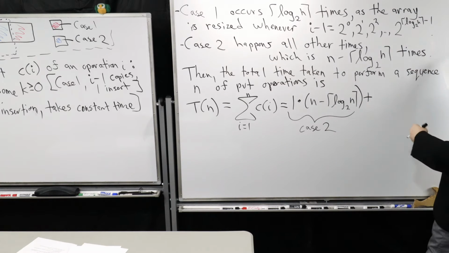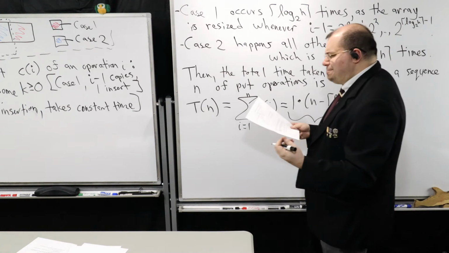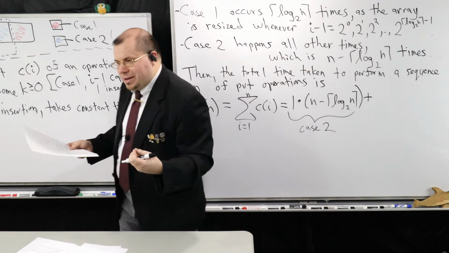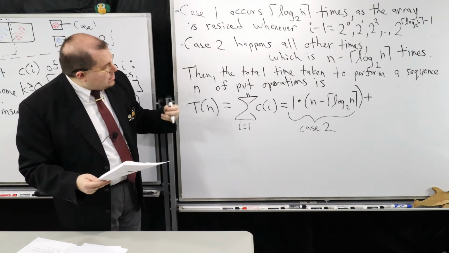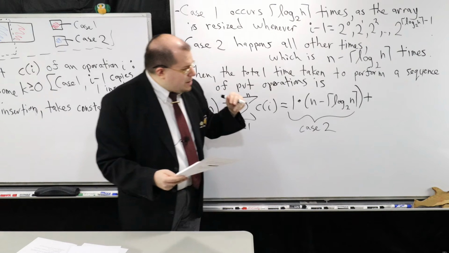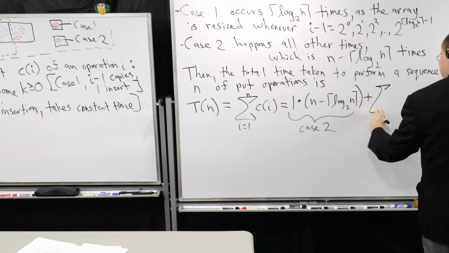Plus, now I'm going to do a little bit of a trick with you, just because I want to count over all these exponents. I have a relationship between i and k. So you're going to see me do one small little detail here I want you to pay attention to.